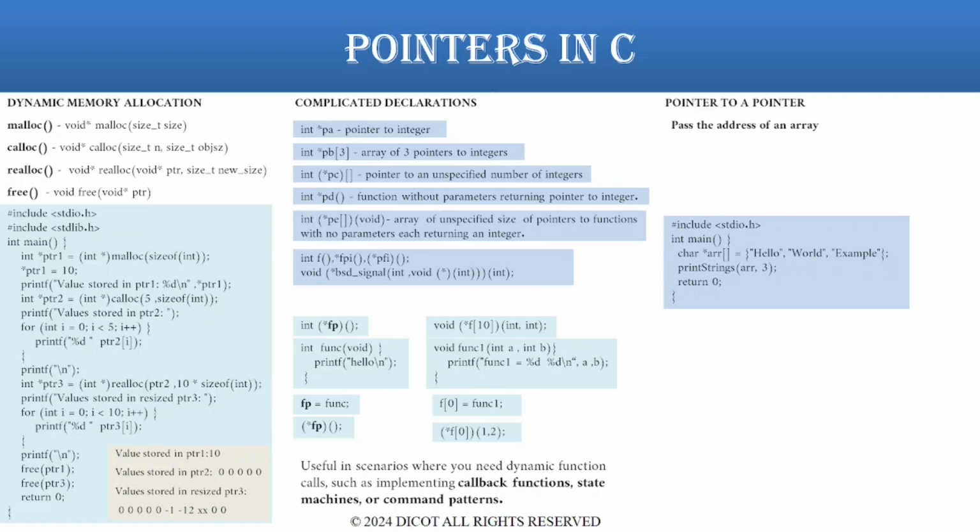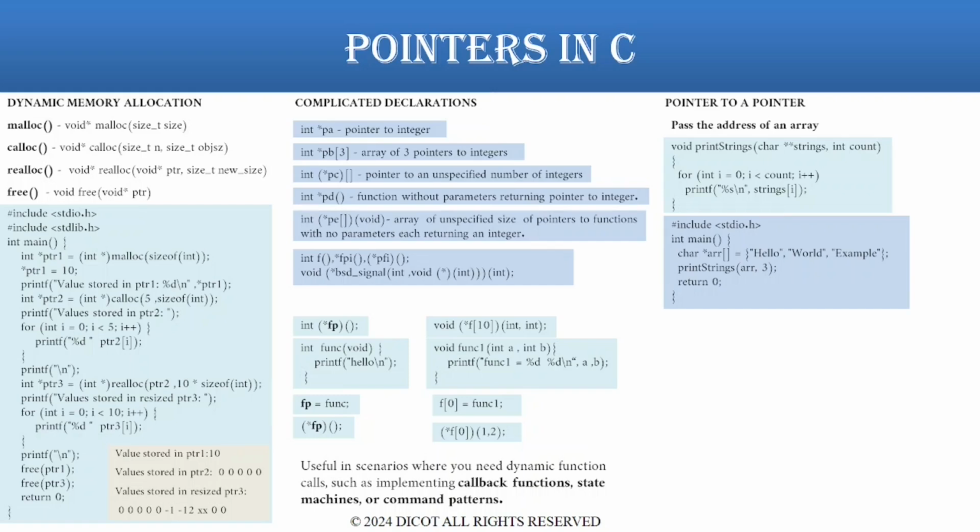Now, let's see the definition of print strings. The function print strings takes 2 arguments. The first argument is a pointer to a character pointer called strings. This represents an array of strings. And the second argument is count, which is an integer that represents the number of strings to be printed. Here in the for loop, the loop iterates over each string in the array.